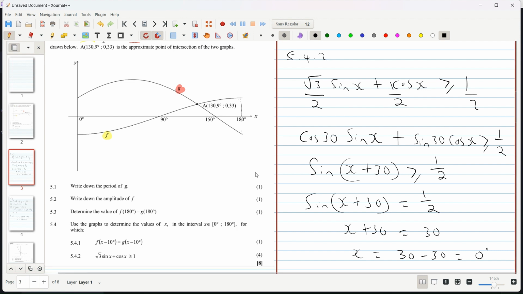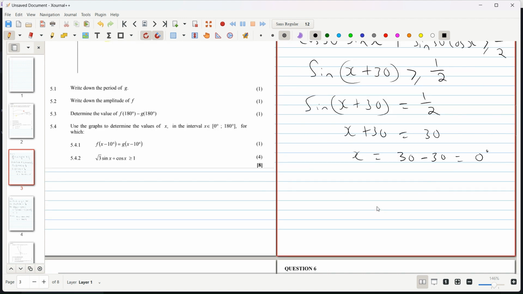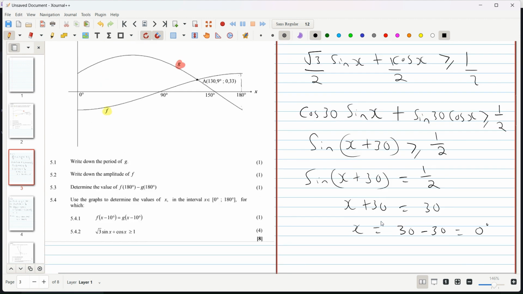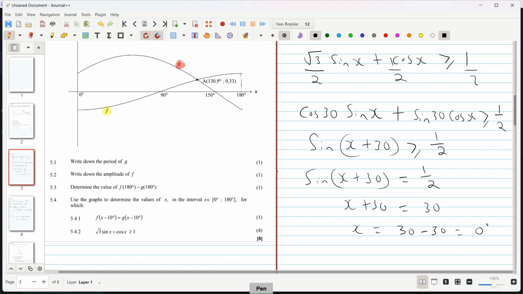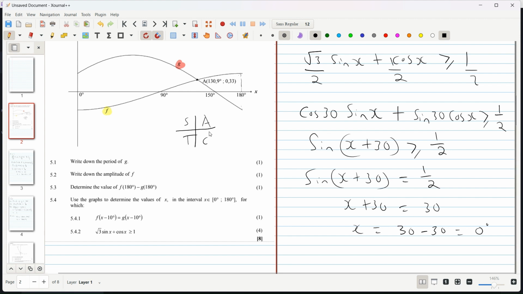Let's check where else sine is positive, because we can see here sine is positive. Where else in our CAST is sine positive? We can quickly draw our CAST. Sine is also positive at the second quadrant.